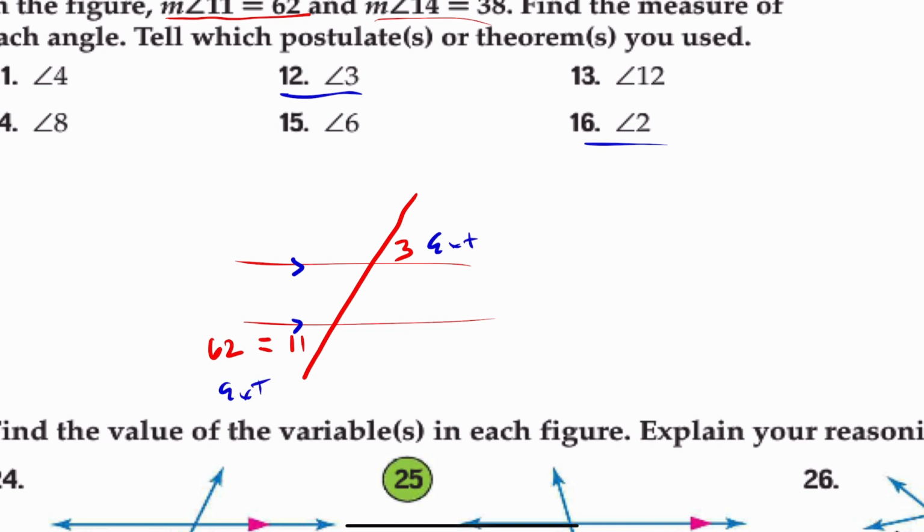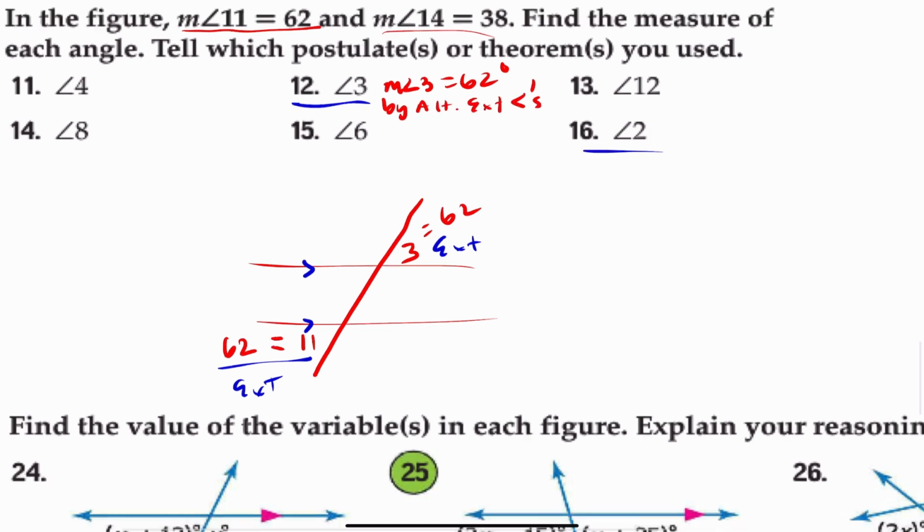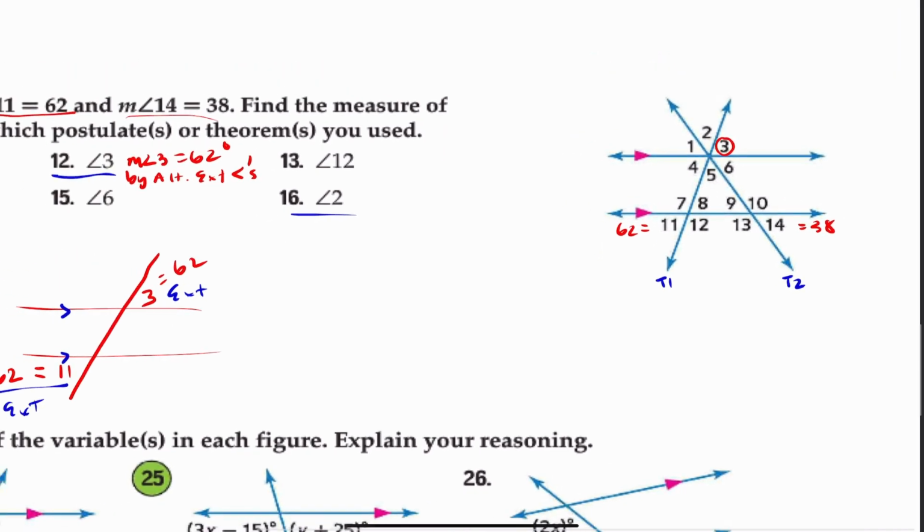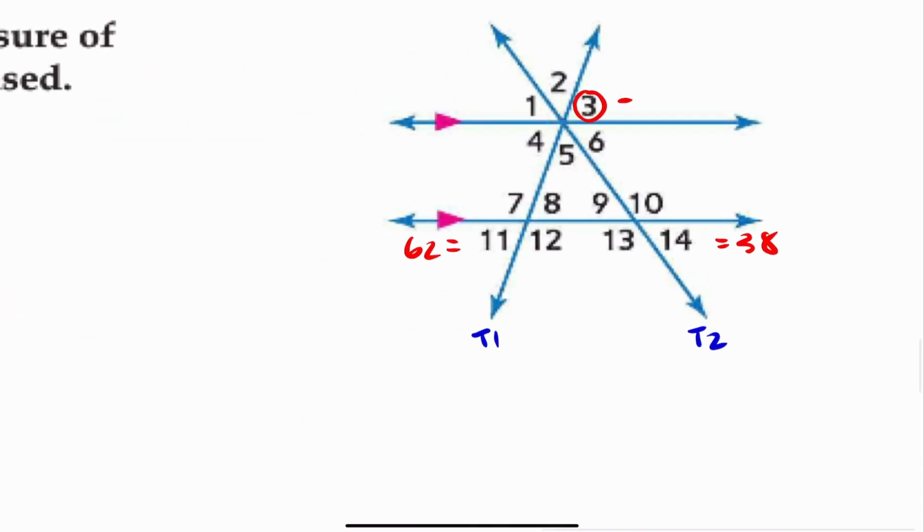So by the alternate exterior angles theorem, since this is 62, measure angle 3 also has to be 62 degrees. That's for sure how you're going to figure that out. So go ahead and start labeling that. That's 62, so we're going to put 62 here.